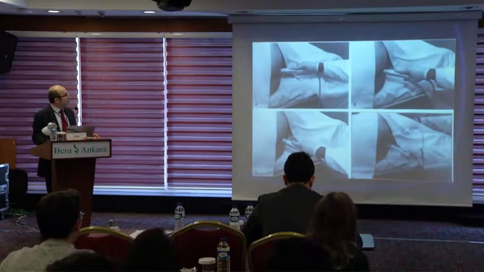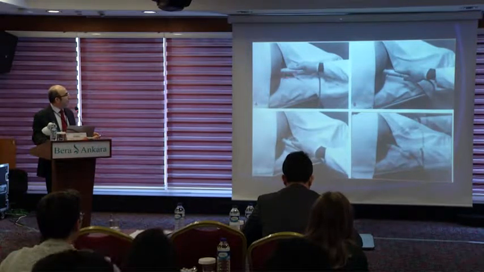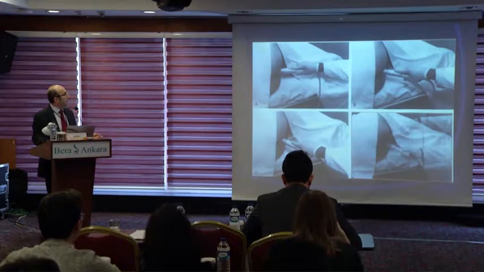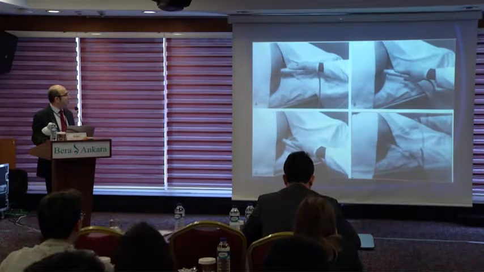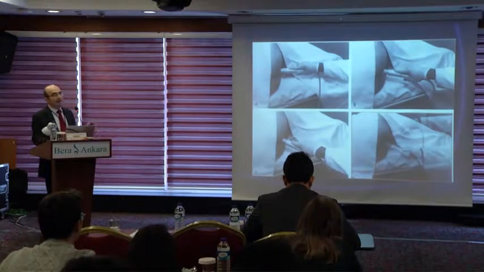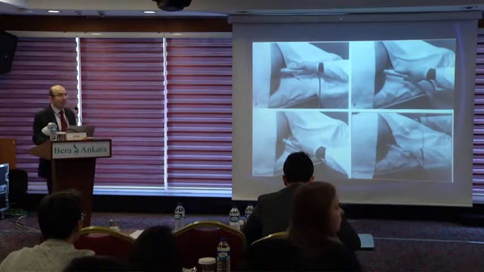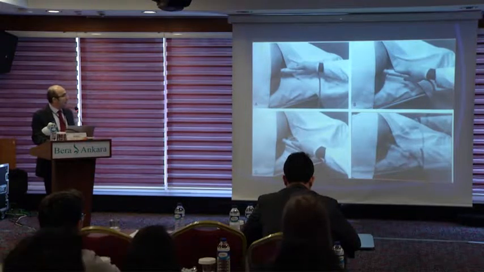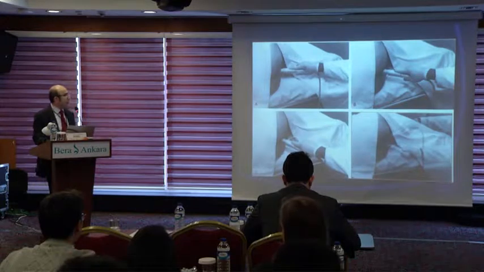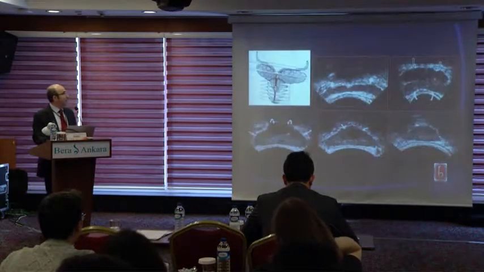You see the motion of our hand and the probe. So we move downwards, we move upwards. According to these movements, the plane that we scan in the prostate changes, and we also do this sweeping motion in the longitudinal plane as well.